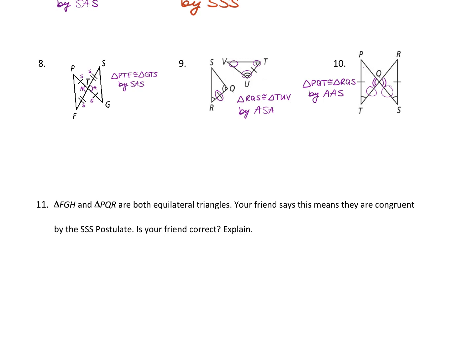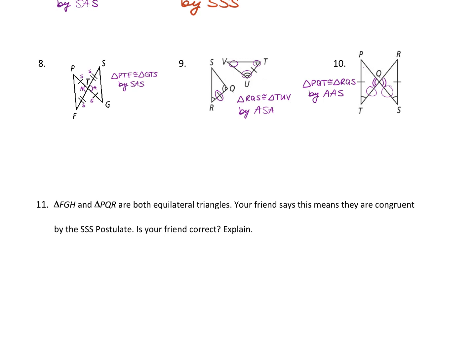FGH and PQR are equilateral triangles. Are they congruent by SSS? Yes. Why do you think so? Because they're equal, right? They're equal. What are equal? The triangle.